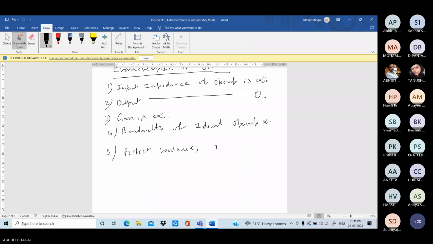That is, when the same voltage is applied to both terminals, then the output is 0.